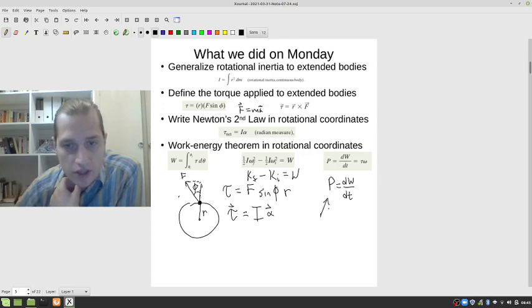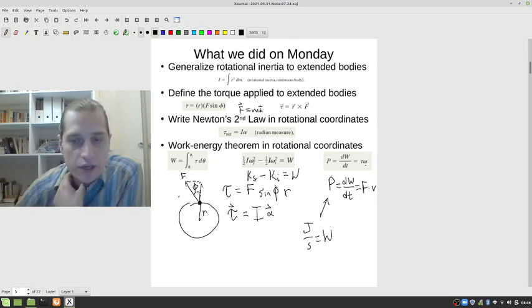This has units of joules per second, which is a watt, not the same as that W. This is a unit watt. Okay, and in the old way of writing this, we would have put it as force times V, but now we're going to have it as torque times angular velocity.